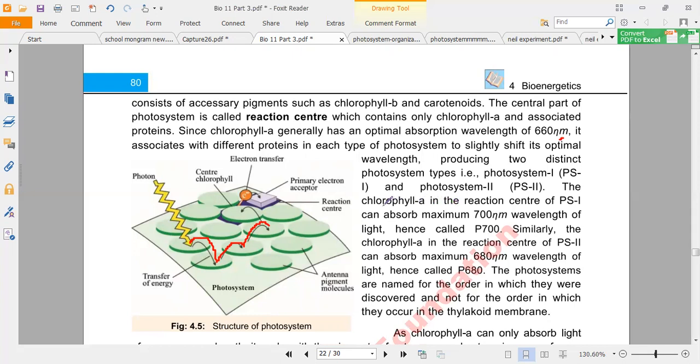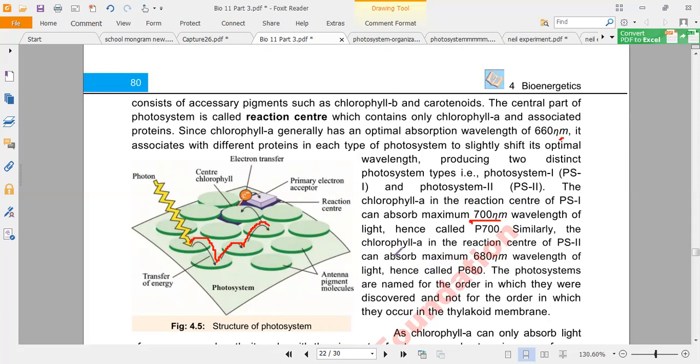So the reaction center in photosystem 1 is chlorophyll A, which absorbs a maximum wavelength of 700 nanometer. That's why this is called photosystem 700 or P700.